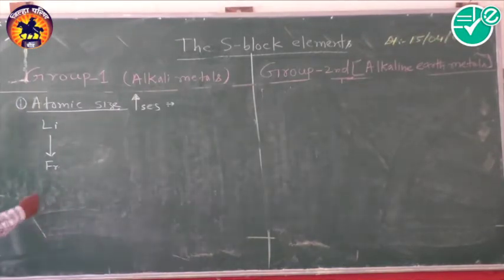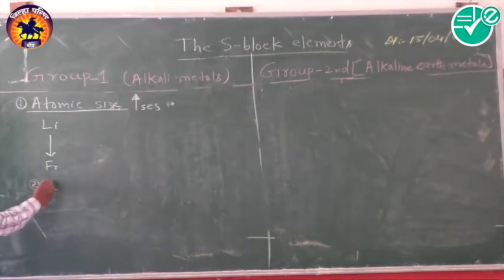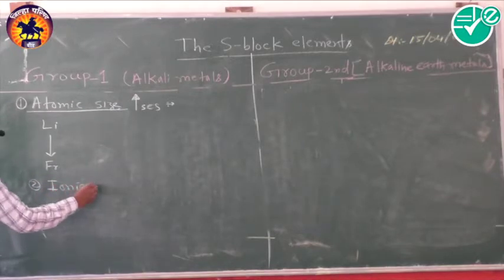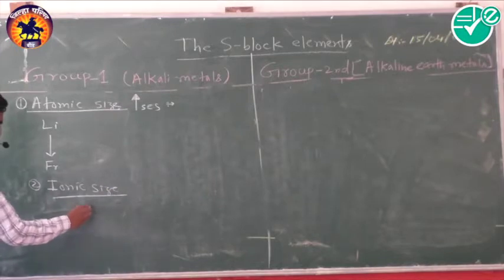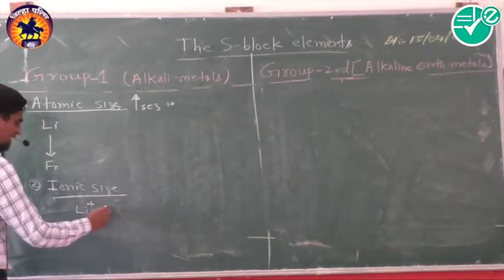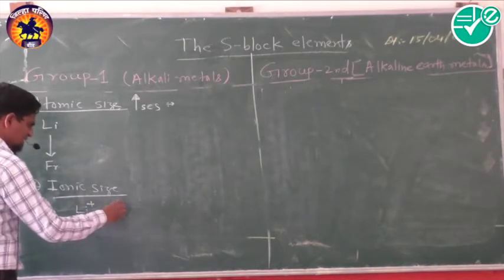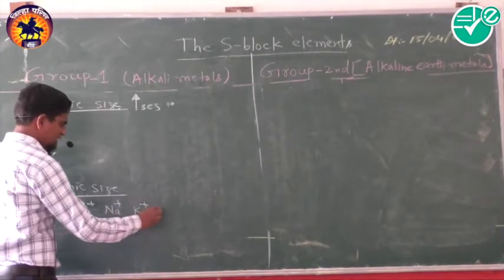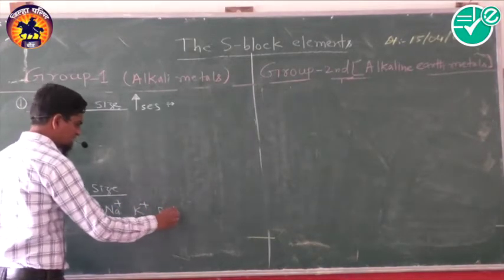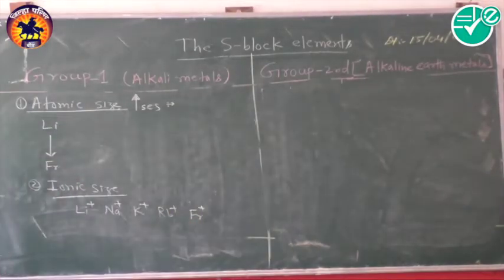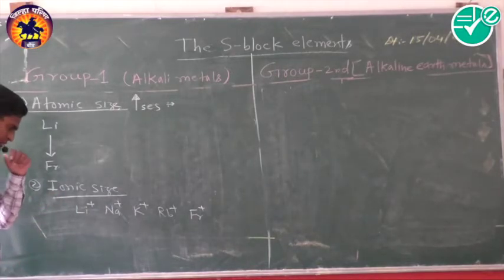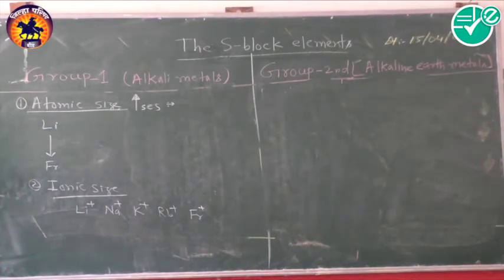In the same fashion, if you see ionic size, suppose I am providing you Li plus, then Na plus, then K plus, then Rb plus, then Fr plus, and arrange them in their respective size.